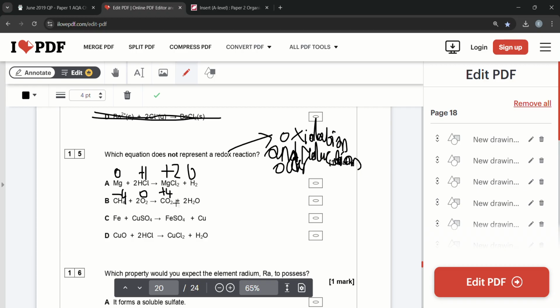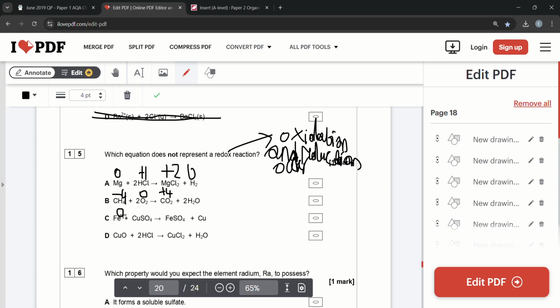I think that's wrong. -4 to carbon dioxide, so anyway, B is going to be redox.